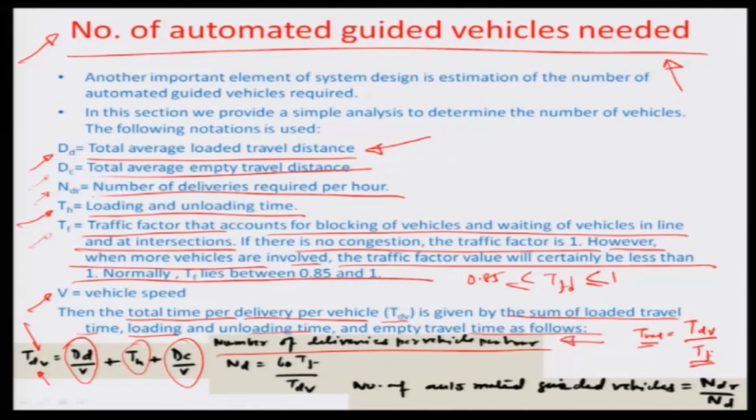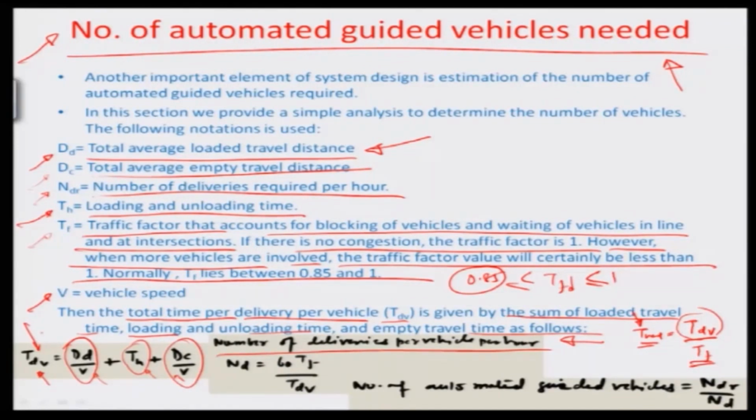So if there is a low Tf value, the real time of the delivery would actually be higher than the total time of delivery that is needed only by looking into the loaded distance, empty distance and the loading unloading time summation.